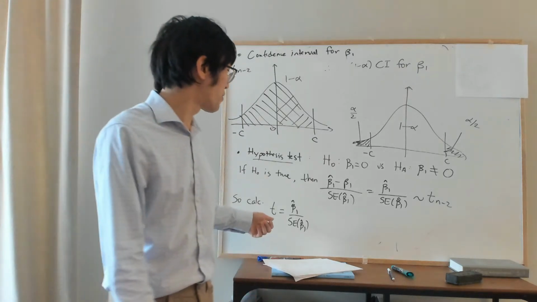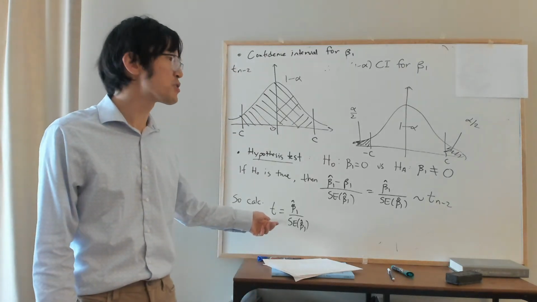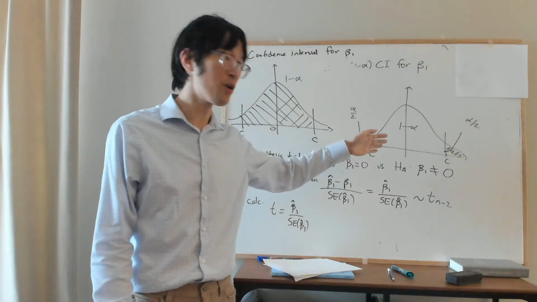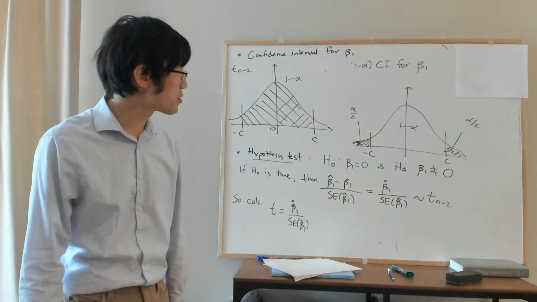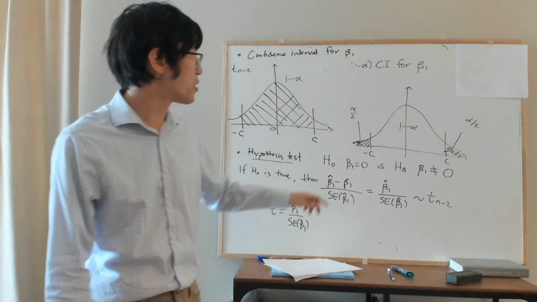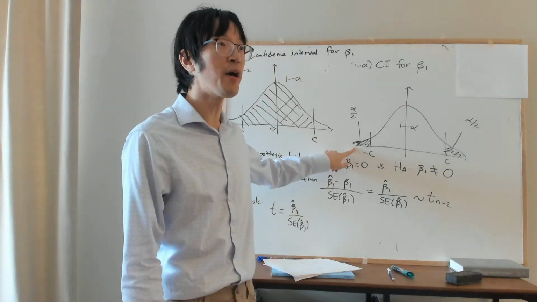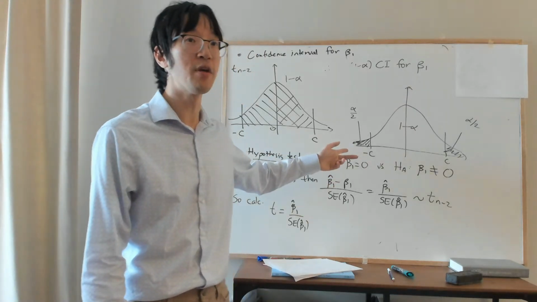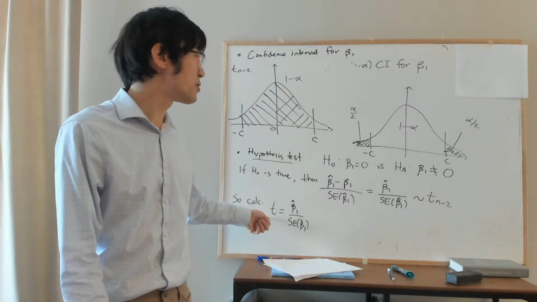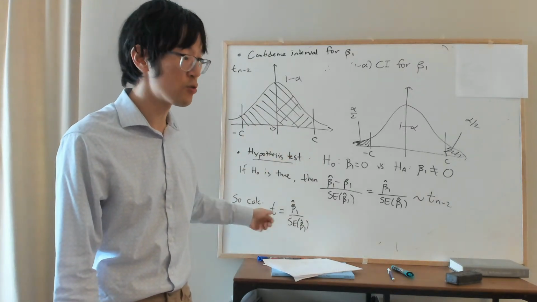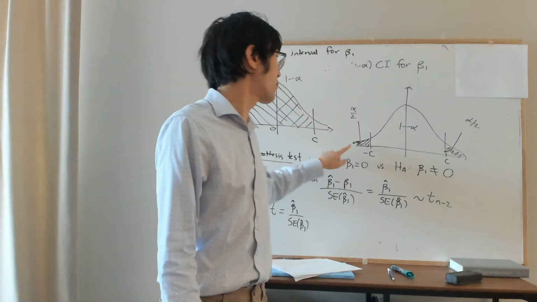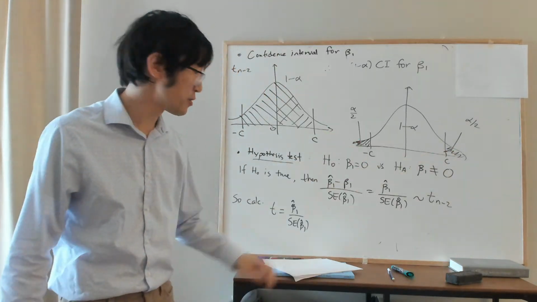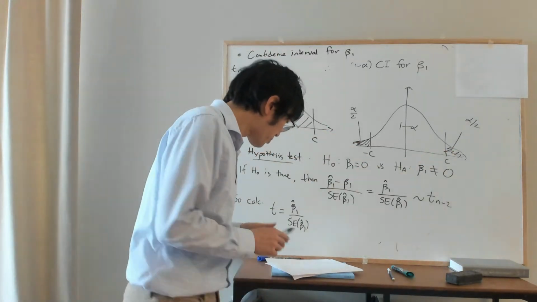If we observe a value for t that doesn't appear to be consistent with the null distribution, that's when we reject the null hypothesis. We treat the tails as evidence that this test statistic did not come from a t distribution. In other words, if the observed value is very far to the right or very far to the left, that's when we reject the null hypothesis.